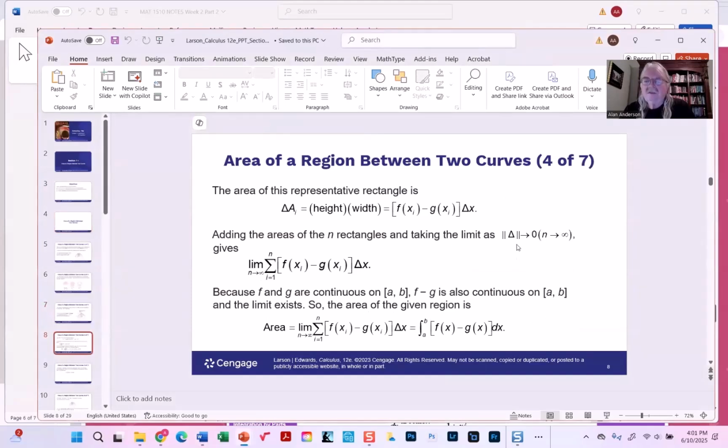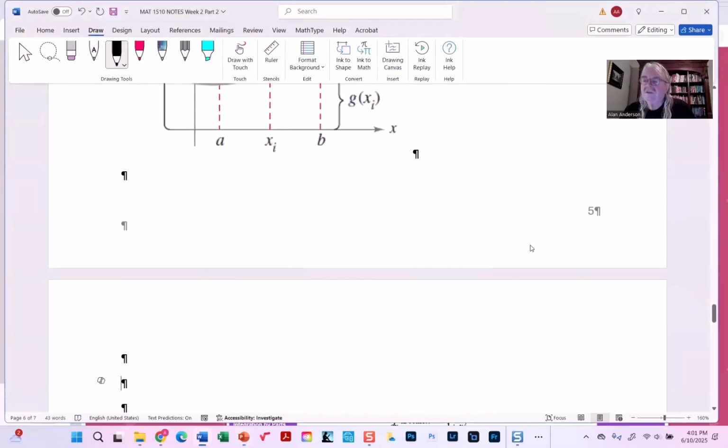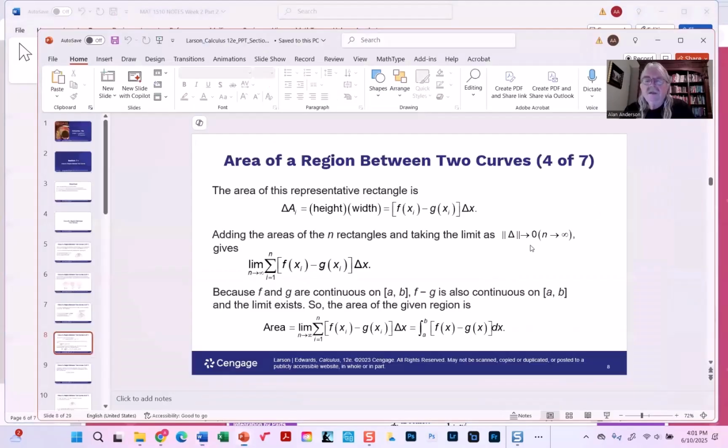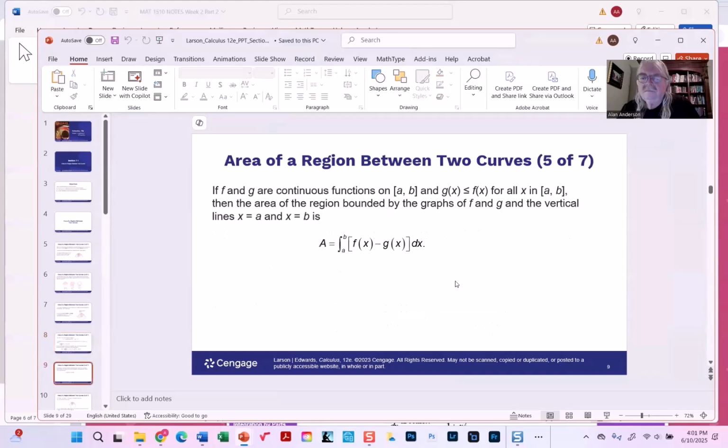As delta x gets closer to zero, meaning the number of rectangles gets very large, ultimately the area between the two curves converges to the integral of f of x minus g of x between a and b. So this is the general result.